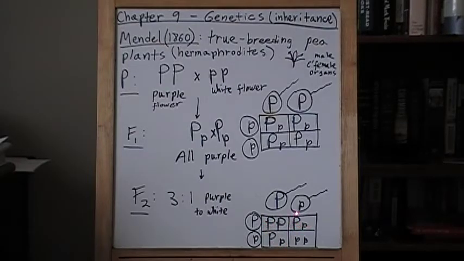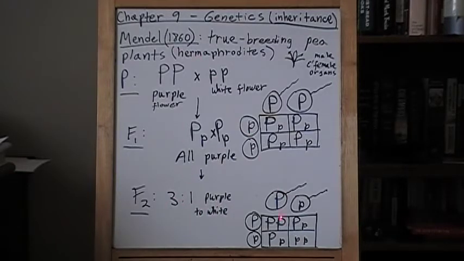So big P, little p is purple, as is big P, big P. But little p, little p, because it doesn't have any large P allele, is white. So you've got three squares with at least one big P and one square with no big P's, so you've got a 3:1 ratio of purple to white.